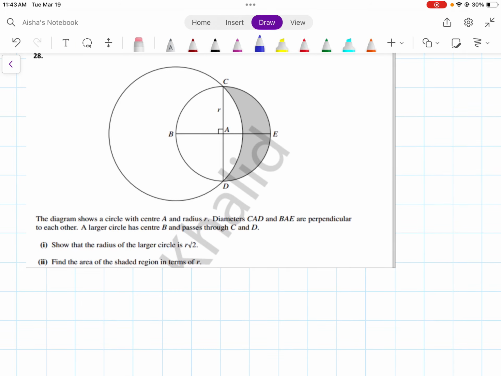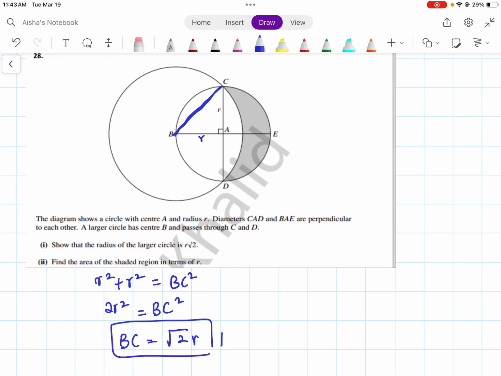Radius of the larger circle means this is what you have to find out. This is r and this is r. Using Pythagoras theorem, r squared plus r squared is BC squared. 2r squared is BC squared. So BC will become under root 2 and r.